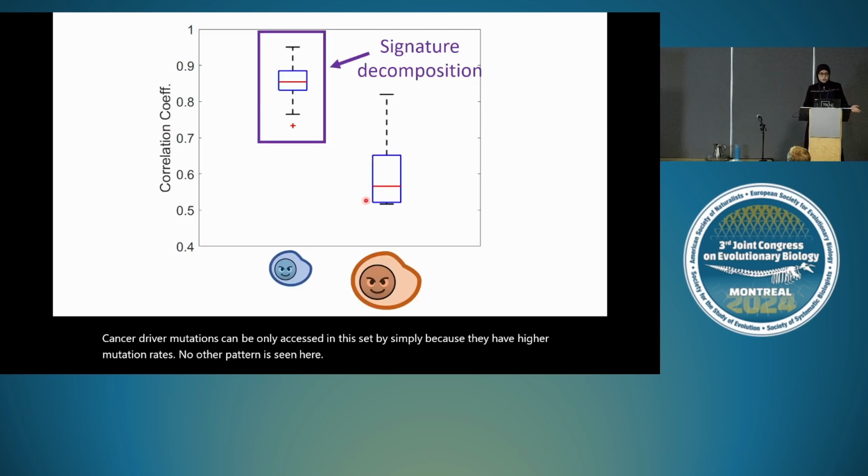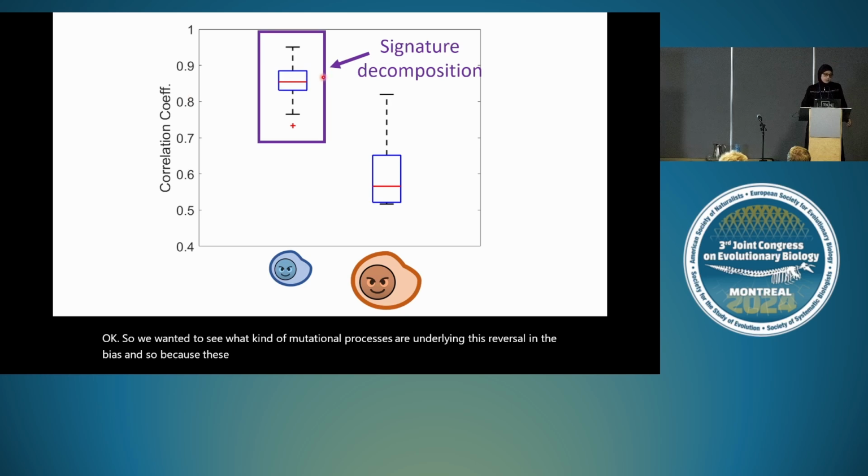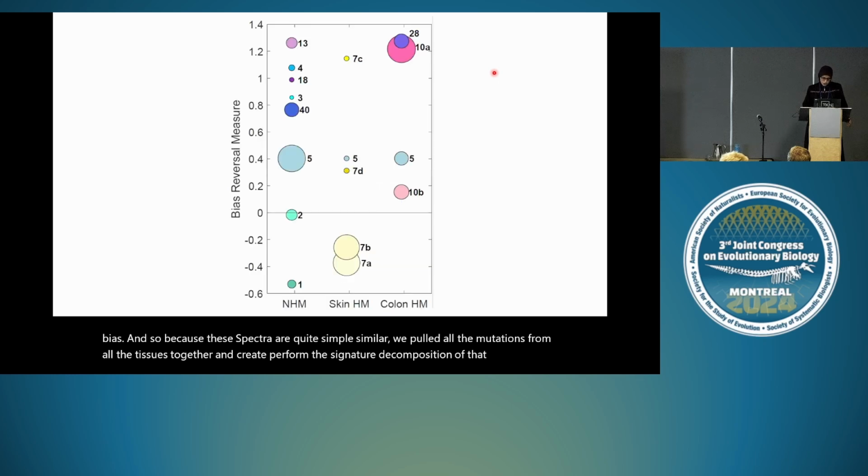Okay, so we wanted to see what kind of mutational processes are underlying this reversal in the bias. Because these spectra are quite similar, we pooled all the mutations from all the tissues together and performed the signature decomposition of that spectrum. Here I just want you to focus on the first column.